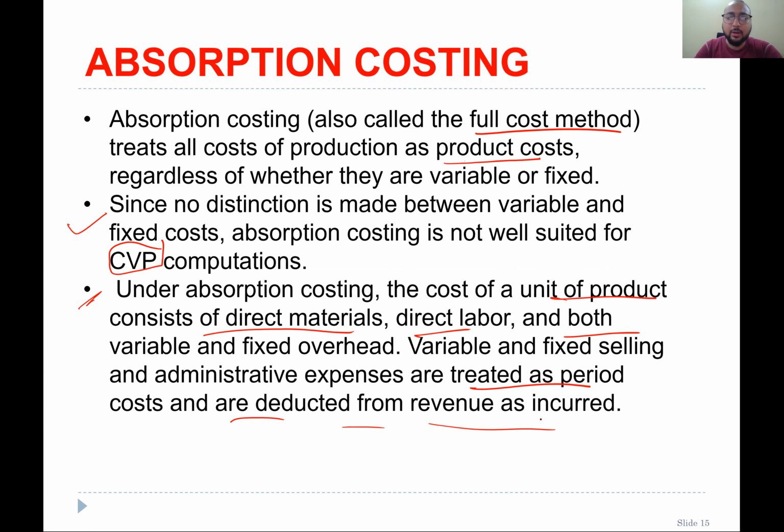So if we want to find out the unit cost in absorption costing, it is direct material, direct labor, manufacturing overhead. If the question mentions fixed and variable, you add it, because absorption costing does not segregate between variable and fixed costing. So you find out the manufacturing cost here.